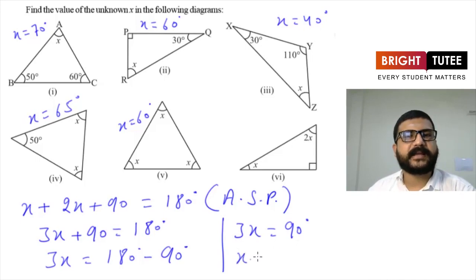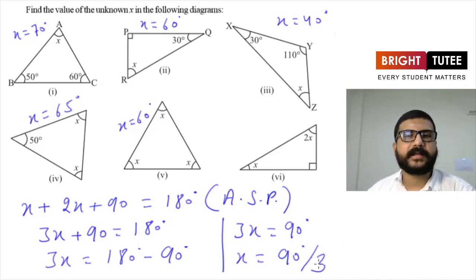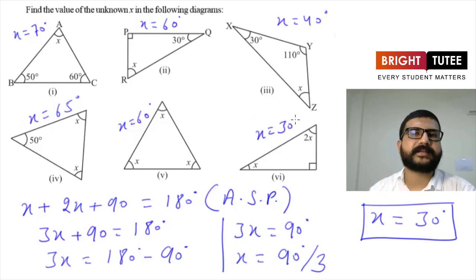So we will get x is equal to 90 divided by 3. It was multiplied with x, so after transposition it will come in division. Now by simplifying, we will get x is equal to 30 degrees. So the final value of x we are getting for this question is x is equal to 30 degrees.